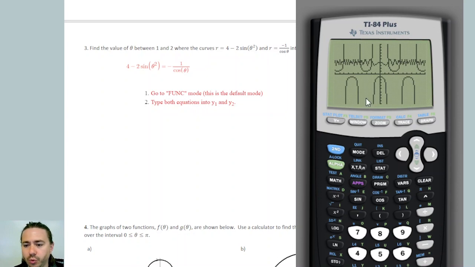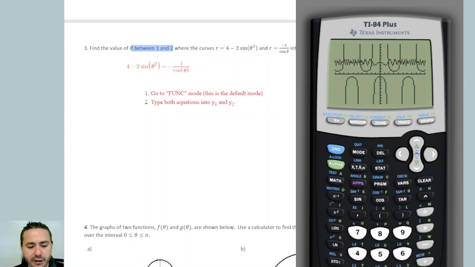So you can see there's going to be a lot of intersection points here. Each one of these secant curves is going to hit the graph twice. So there's a lot of them. But the question is only asking for theta values between 1 and 2.